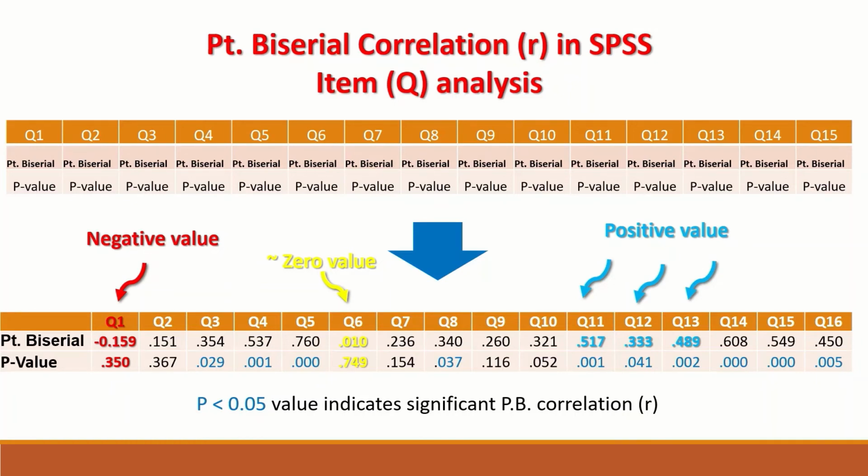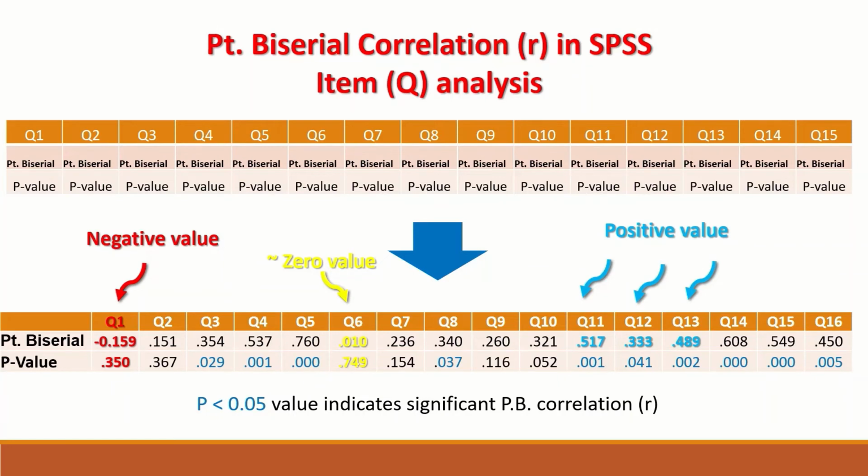Again, Q12 is also a good question, as the value for it is 0.33 and the p-value is less than 0.041. And the same thing for question number 13. We can call it a very good question, as the R value is 0.48 and the p-value is very low.